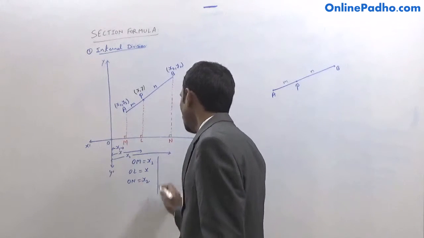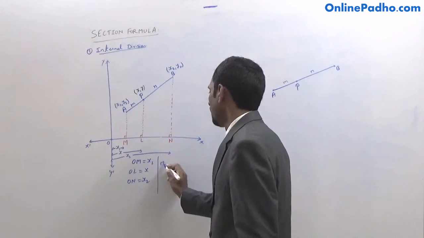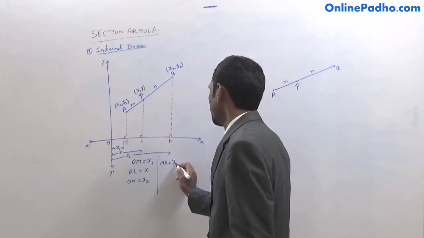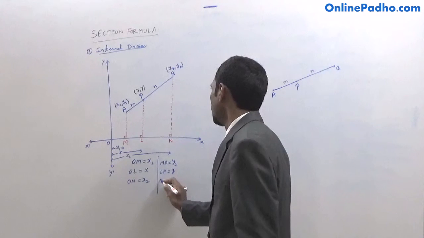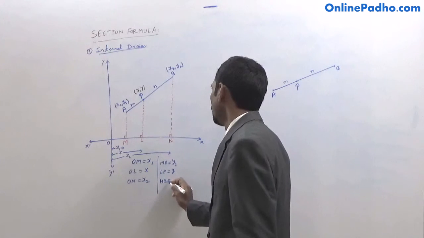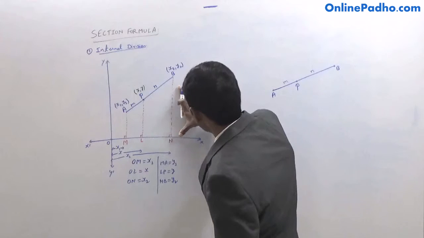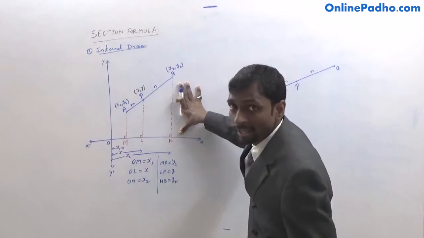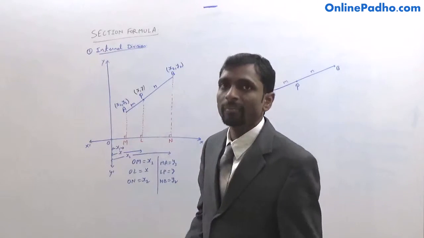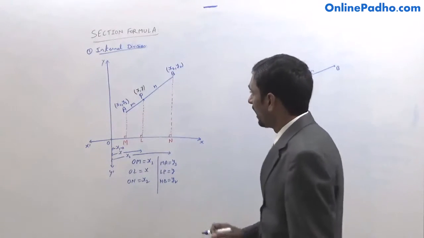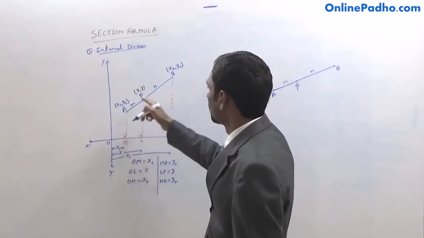As well as on the y coordinate, we can say MA is y1, LP is y, and NB is y2, right? So this length is called y2, and along the y-axis this is called y and this length is called y1, right? But we have to find the value of x and y in terms of these.